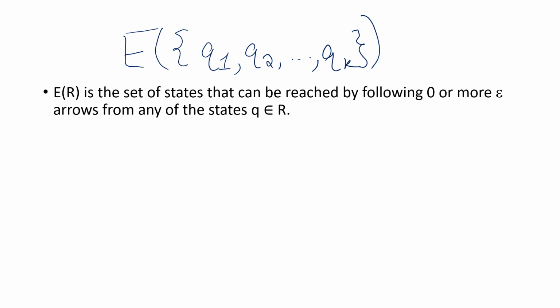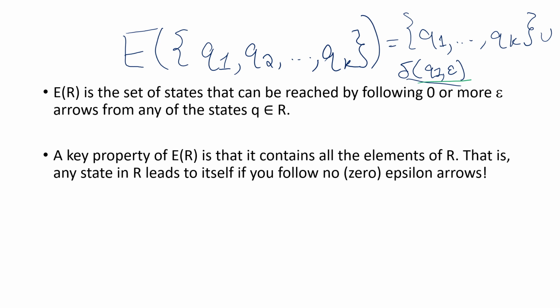You can make the epsilon closure based on, first of all, Q1 through QK, unioned with, from delta of Q1 and epsilon, all of the states that you can reach by following an epsilon transition. And it keeps going, of course, because if you have something that this goes to, you also have to add that state as well.